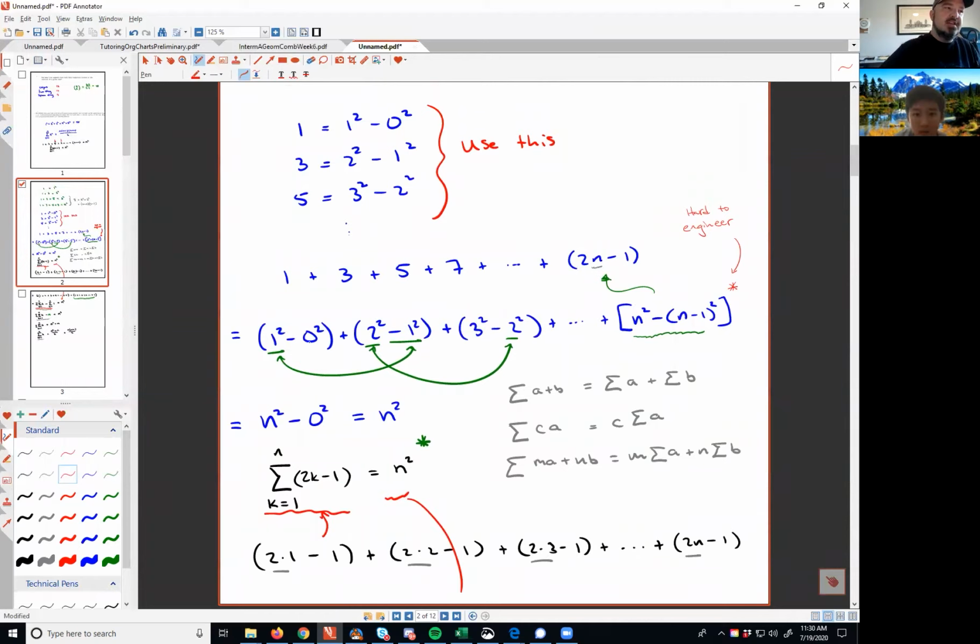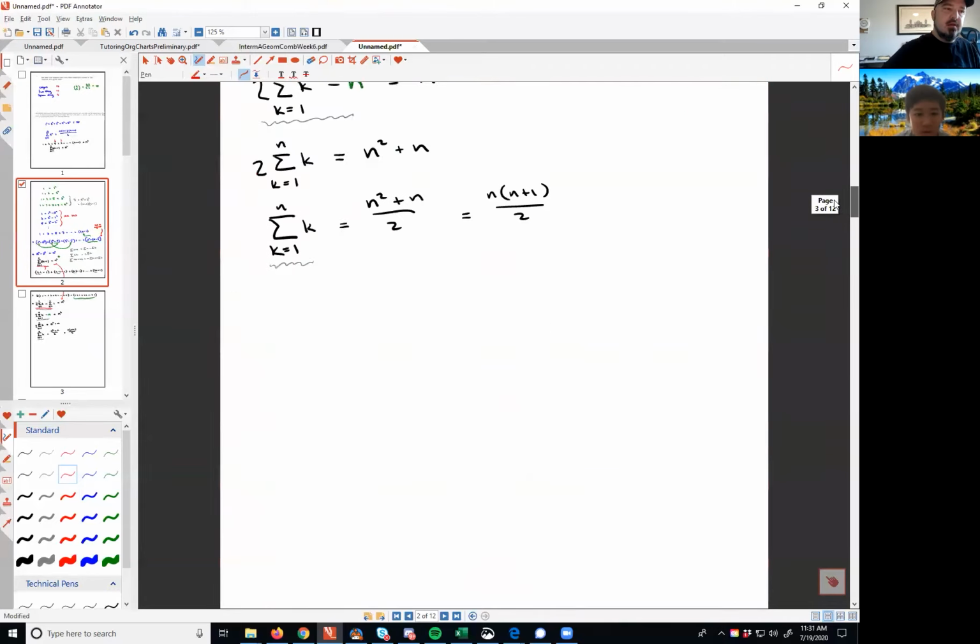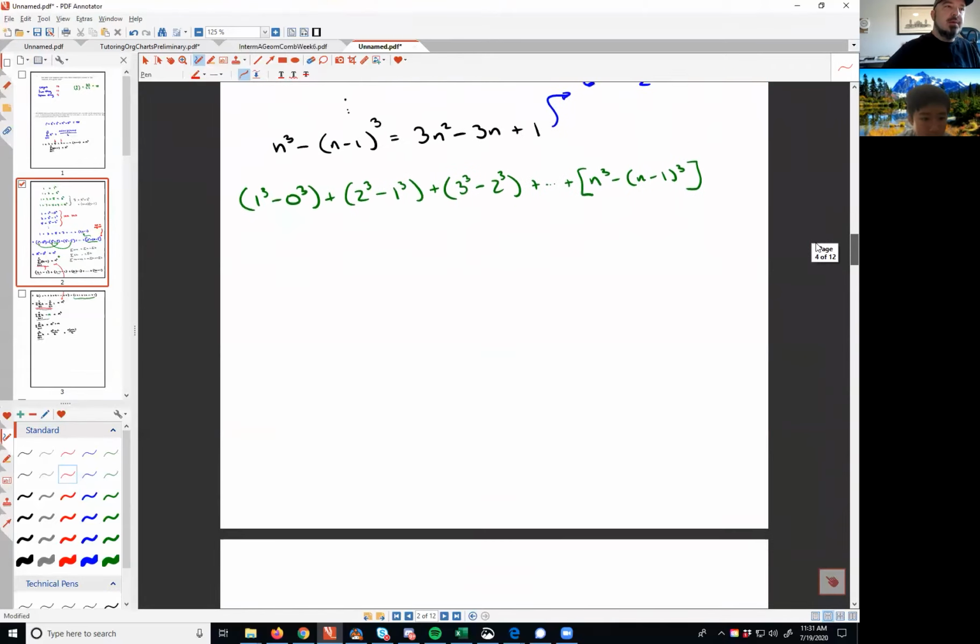When we had the sums of the differences between consecutive squares, what happened? Some of the terms canceled. Just left us with 1 square. Just left us with n squared minus 0 squared. What are we going to be left with here?